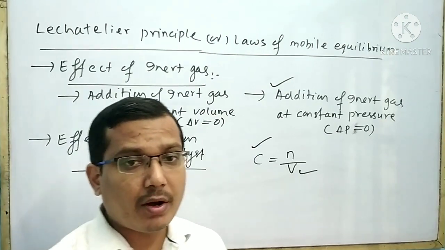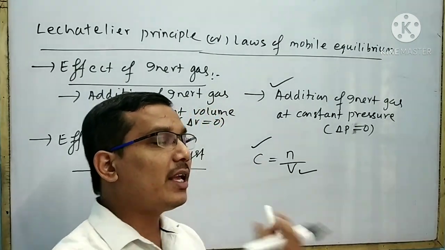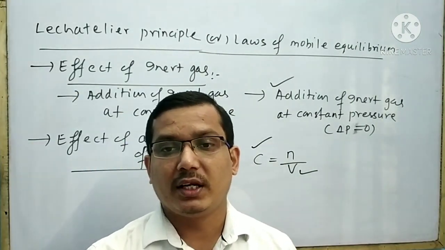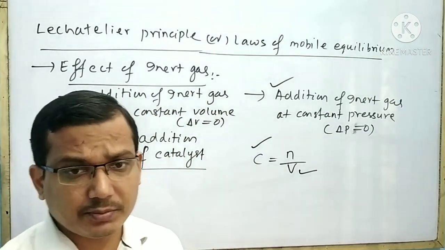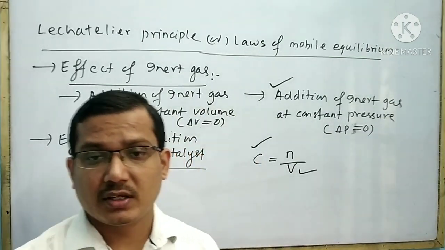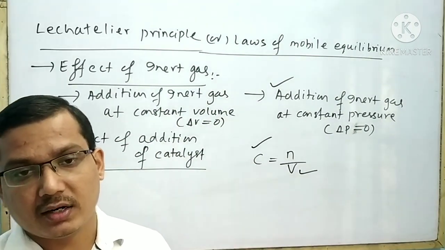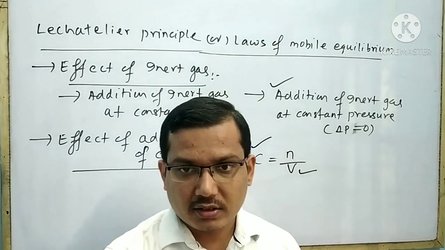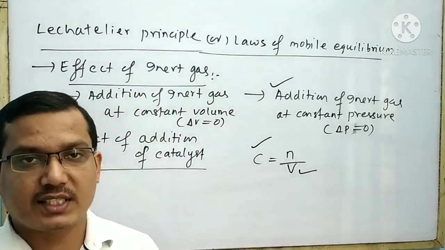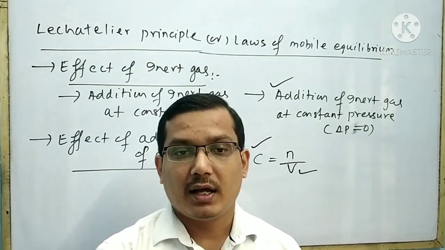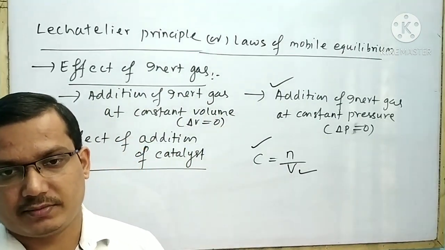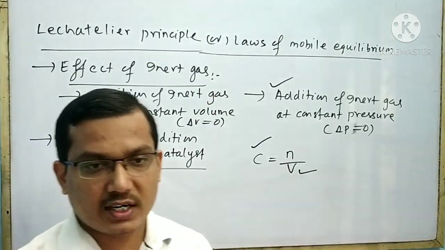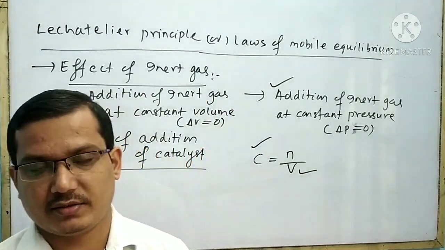That means with the help of a catalyst a reaction attains equilibrium quickly, but the catalyst does not shift the equilibrium in any direction. This is because the catalyst favors the rate of forward and backward reaction equally. The catalyst plays an equal role for the rate of forward reaction and the rate of backward reaction.